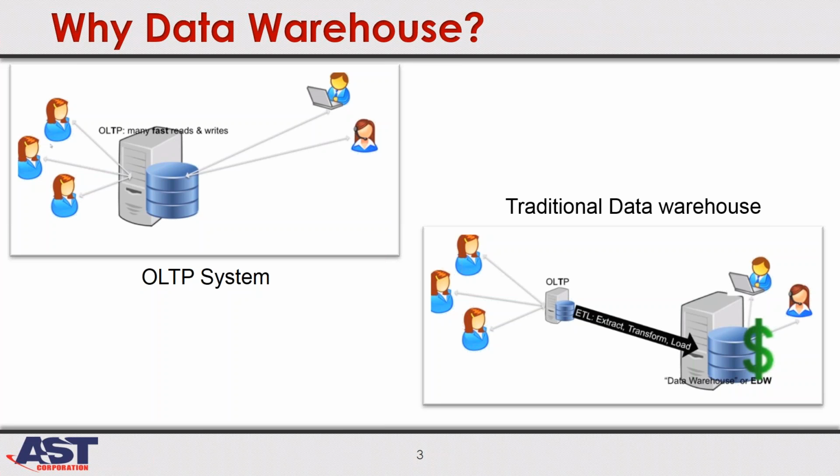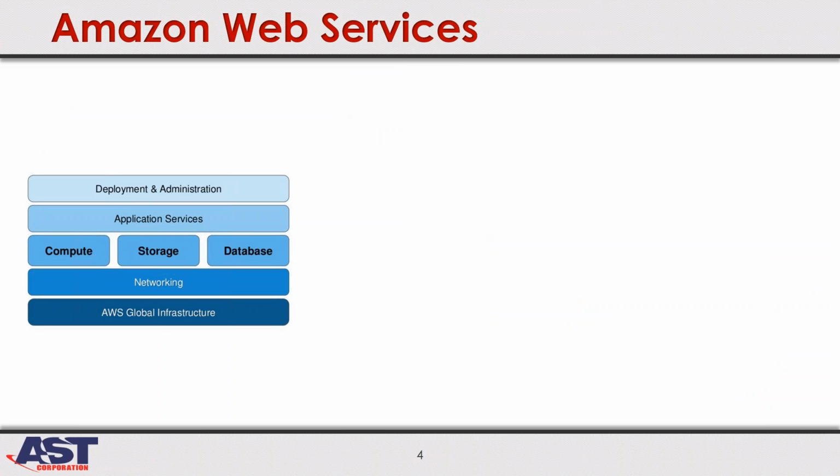So the next step is keeping the data warehouse in the cloud. In this session, the main topic of interest is why Redshift and what is Redshift. First of all, I want to introduce Amazon Web Services.